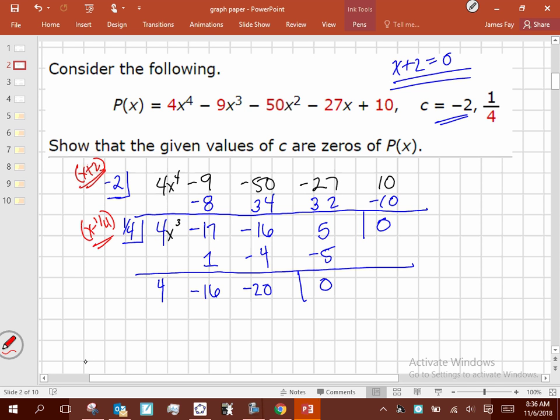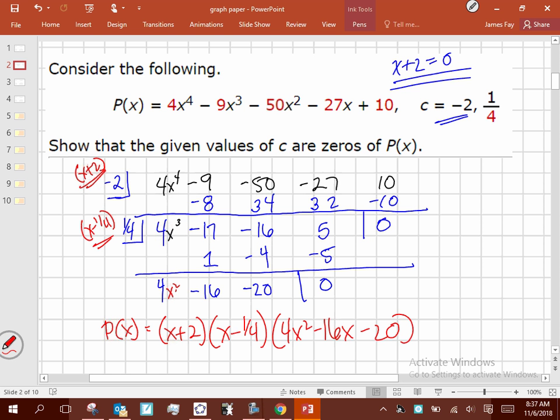Okay. Also then, if this was x to the 4th, that became x cubed. What's this one going to be here? X squared. Okay. So right now I have P of x to be the product of x plus 2, that linear factor, x minus 1/4, that linear factor, but now 4x squared minus 16x minus 20, which is a quadratic factor, right?